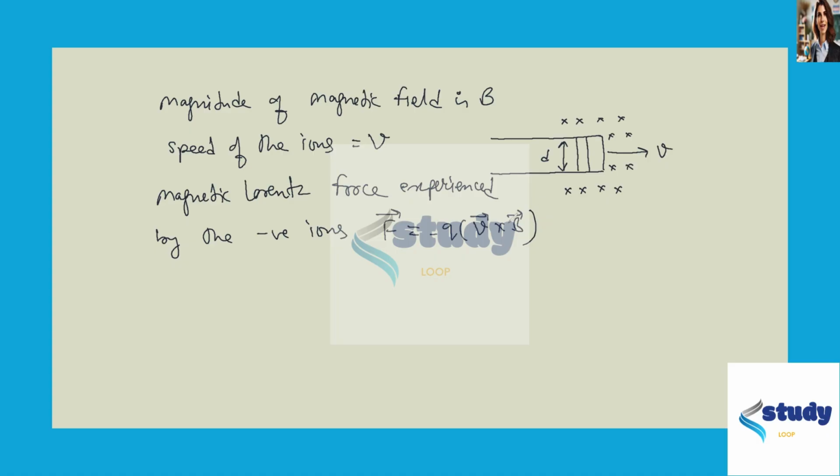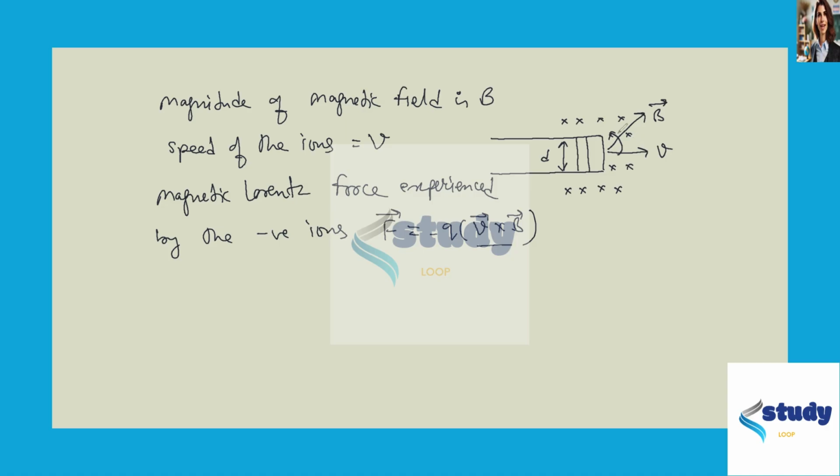And then if we apply right hand screw rule over this cross product of velocity with the magnetic field, and the magnetic field is acting inward, so we can draw a magnetic field line here like this. When we apply right hand screw rule, V cross B is counterclockwise.